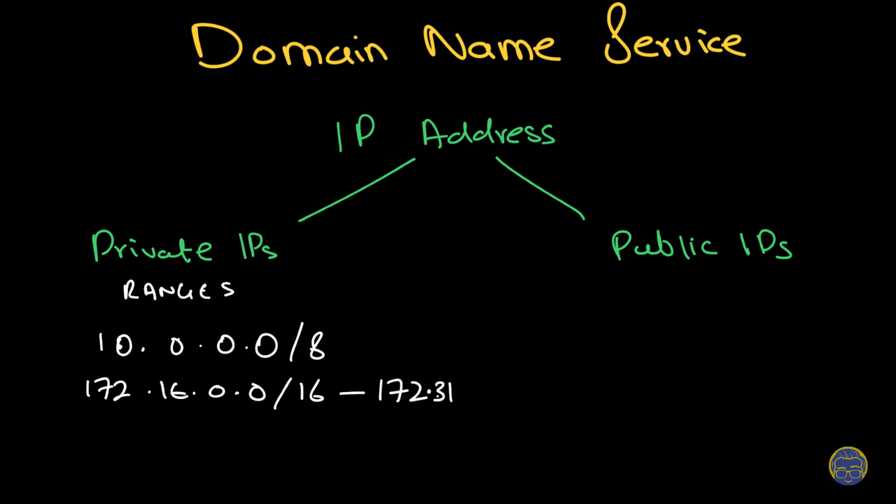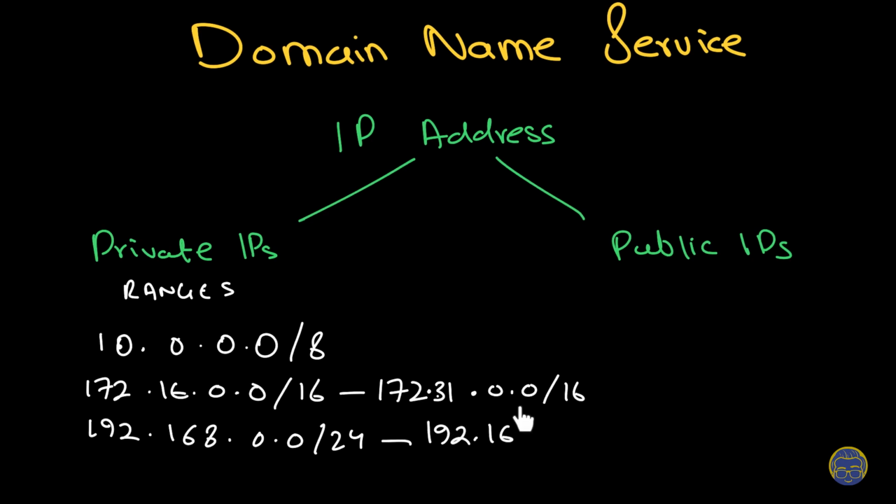The three ranges used for private addresses are 10.0.0.0/8, 172.16.0.0/16 to 172.31.0.0/16, and the most commonly used, 192.168.0.0/24 to 192.168.255.0/24. This will be a requirement for any of the devices on the local area network.